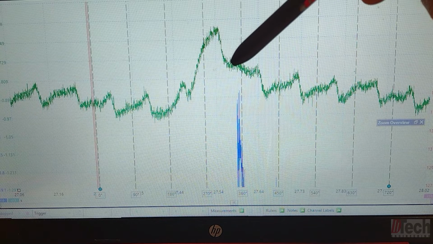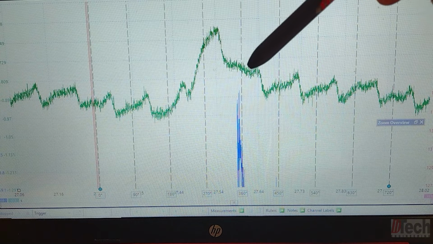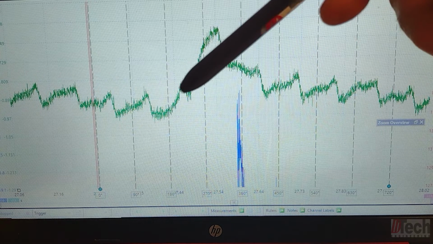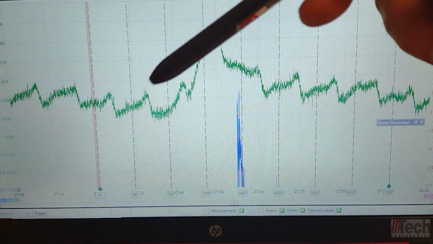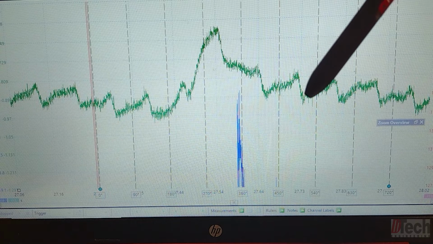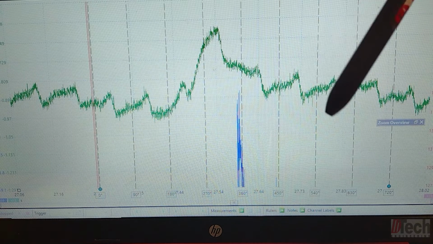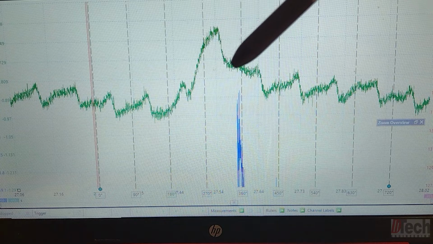Now if you look, this kind of goes, it doesn't level off straight flat, but it levels off more than the other cylinders, where after the pull on all the other ones, it'll kind of raise back up until it waits for the next one. And see, this one kind of stayed, I'll call it steady.